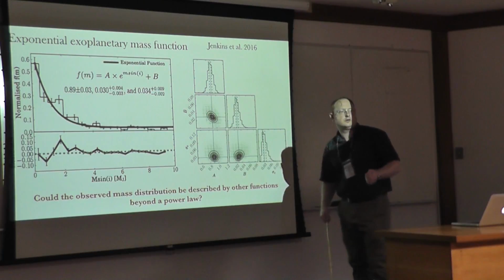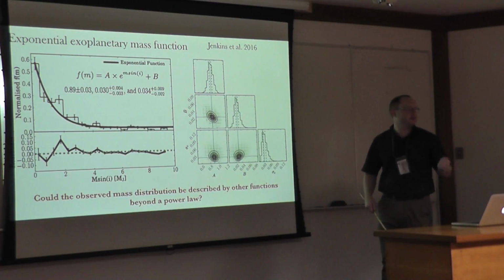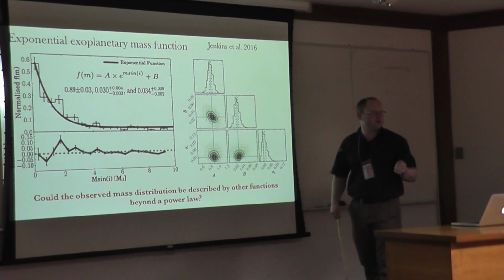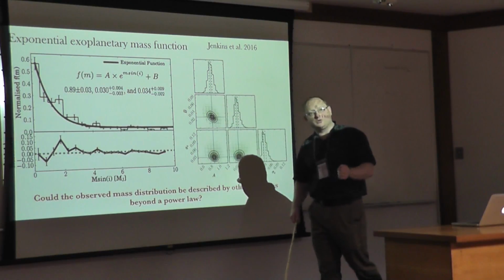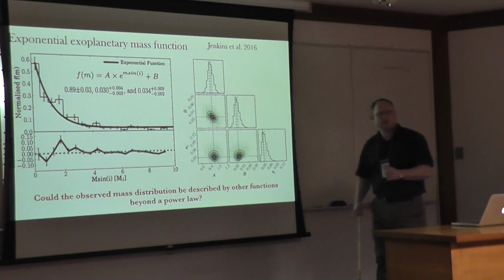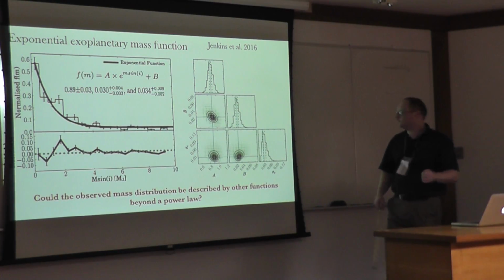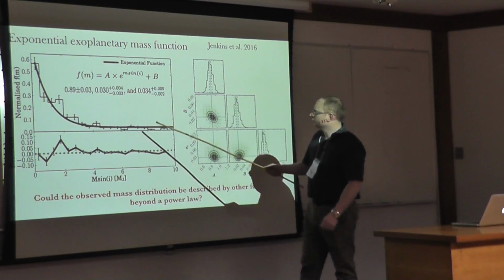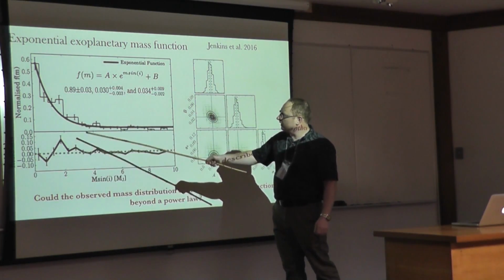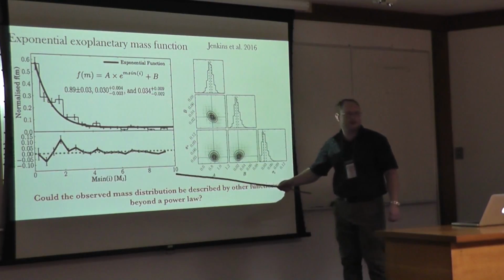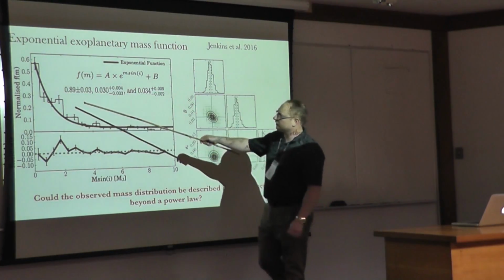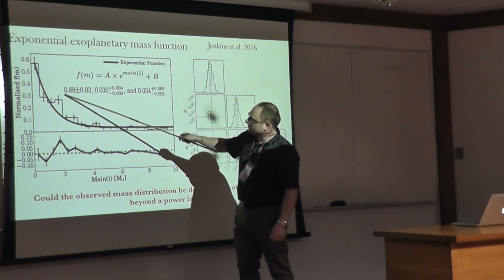So there's also a degeneracy of sin i in there, so it's the minimum mass we're talking about. But also remember that we're looking at populations now, so we're not dealing with individual systems. And we can see that even fitting an exponential function, there's potentially still some excess.